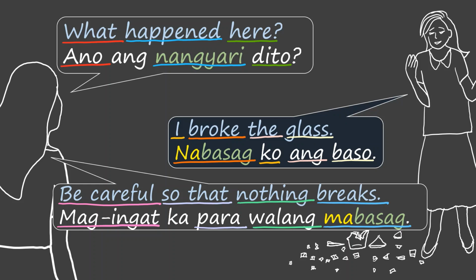This is because the English sentence has an implied you. It can be said as you be careful. So, mag-ingat ka. Again, we use two verbs here, nabasag, mabasag, prefixed by na and ma. Both are unintentional actions.